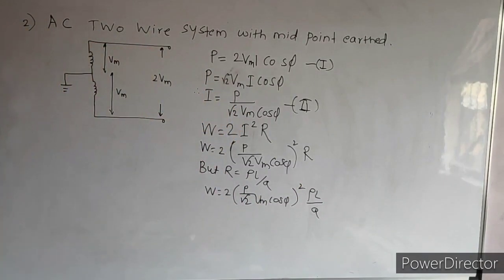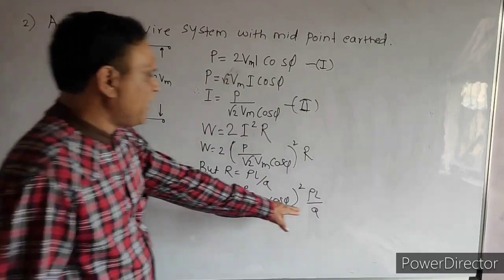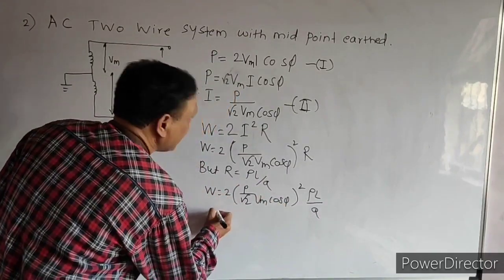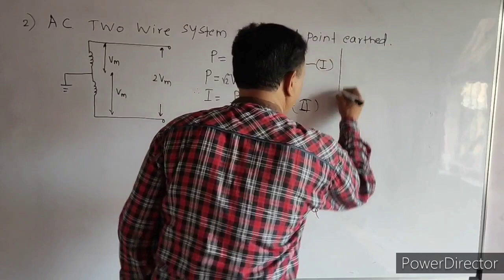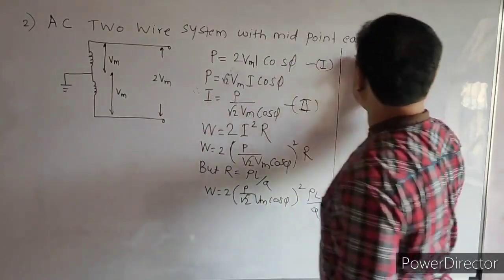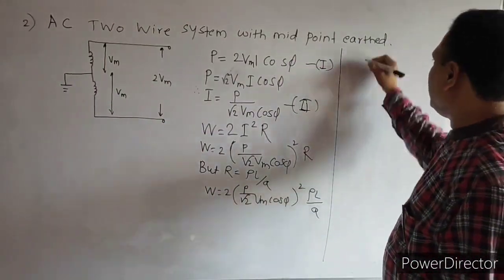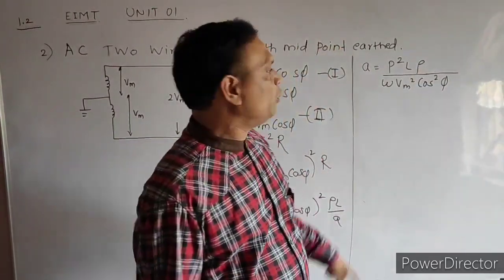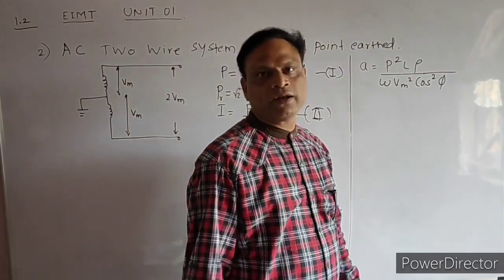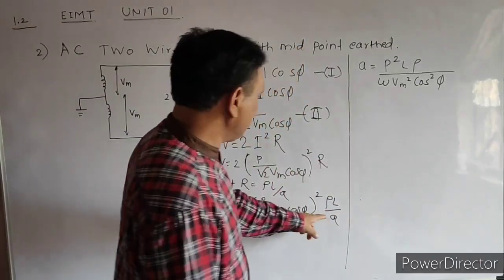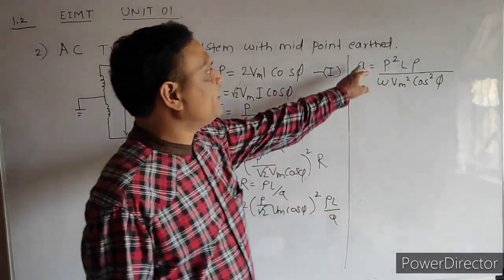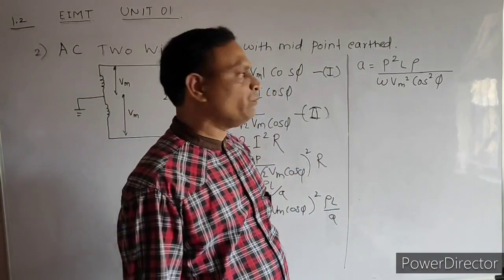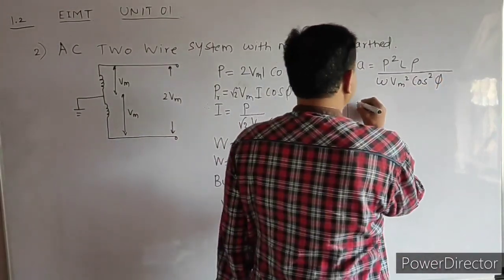Now you have to rearrange the equation and find the value of area. So what is required to calculate the volume? First we have to find out the area, which is equal to P square L rho upon W Vm square cos square phi. By rearranging this equation, we get this as the area. So what is my volume?